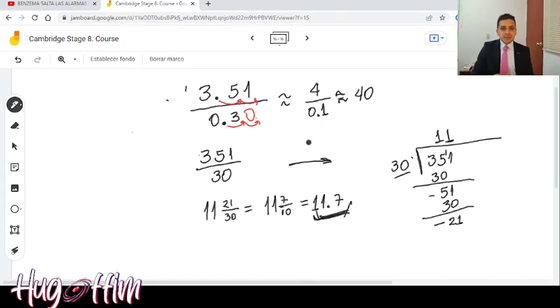Now you may tell me something like, hey, but when you did the estimation you got 40 and the answer is 11.7. What happened there? It should be around 40. Okay, so now in this case you should be able to notice that what we're doing is just estimating. The estimation is in the same order of magnitude.